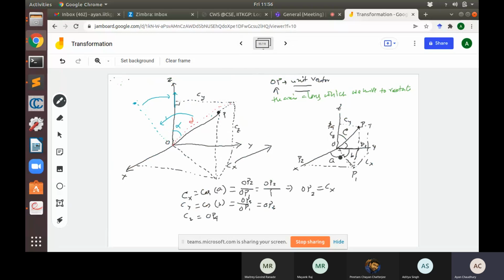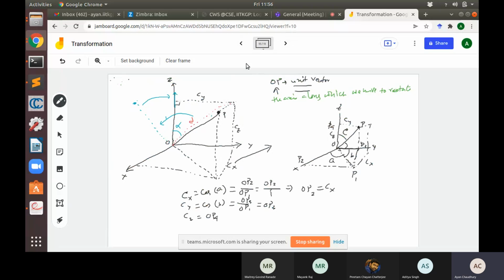Here A was the angle between OP, or the projected version of OP, and the x-axis, so this part is Cx, and similarly Cy and Cz. We did it because we'll need this in the calculations, because we have to rotate by alpha towards the XZ plane.